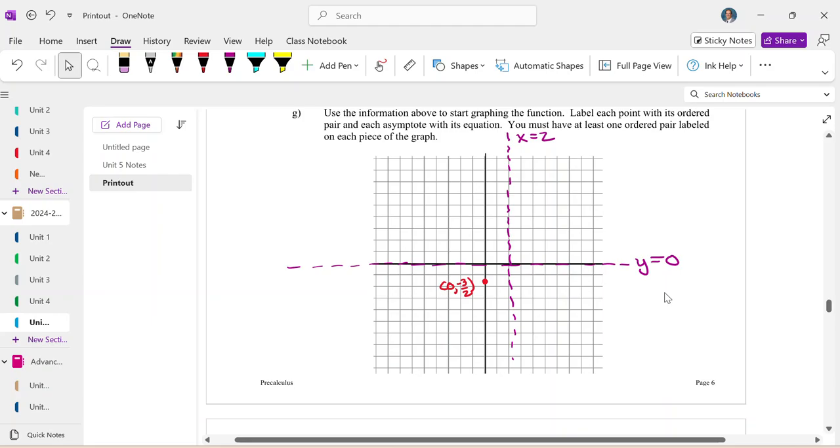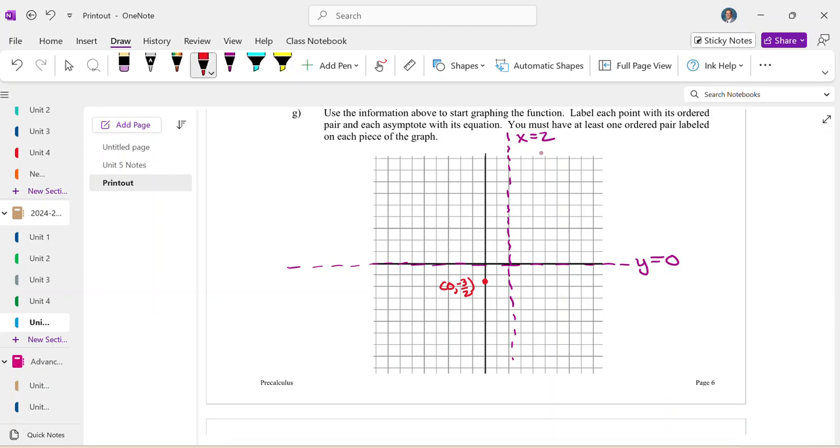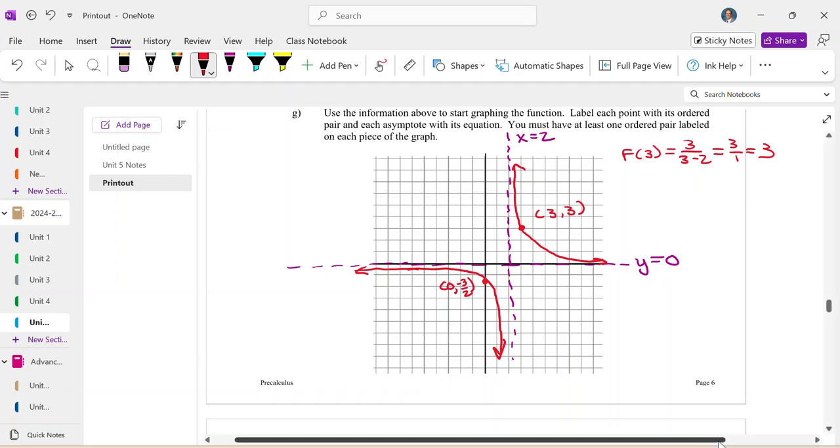So choose a number that is bigger than 2. So I'll choose 3. If I put 3 into the function, notice it gives me 3 over 1, which is 3. So the point 3, 3 is on the graph. So that tells me where the branches go. There's one branch here through the y-intercept, and then there's a branch up here that goes up this way and then down towards the horizontal asymptote.